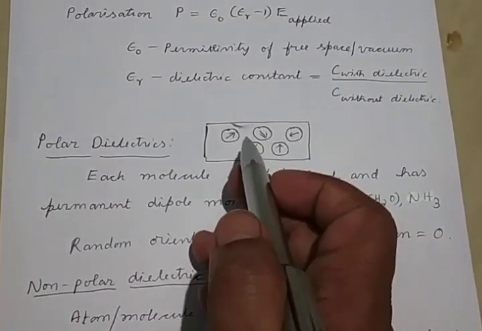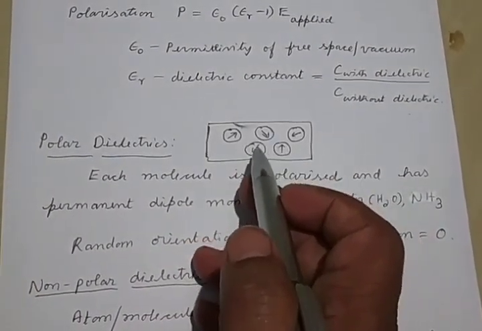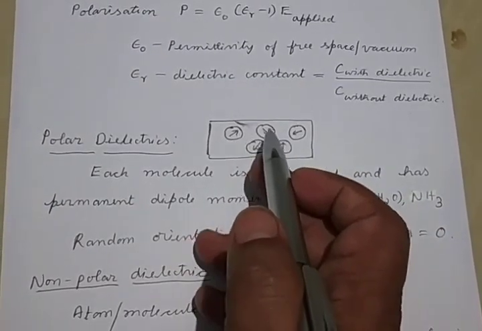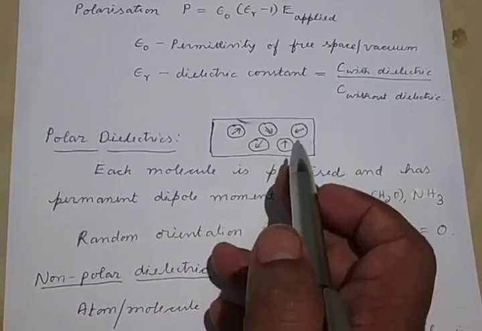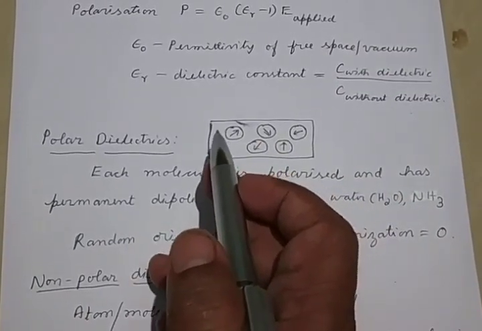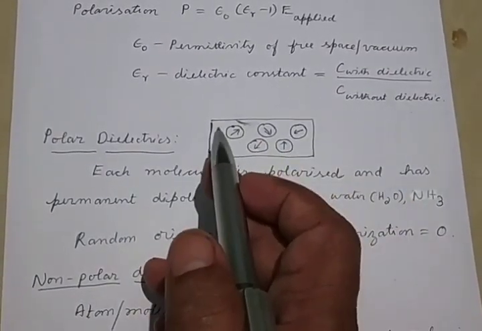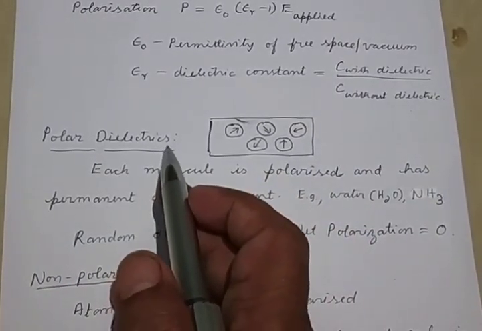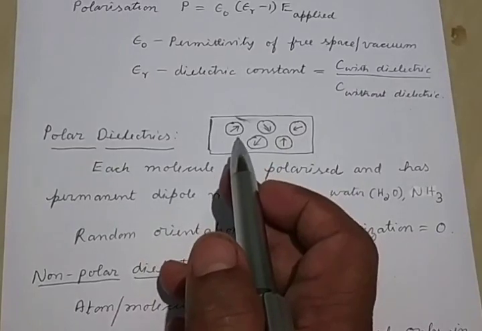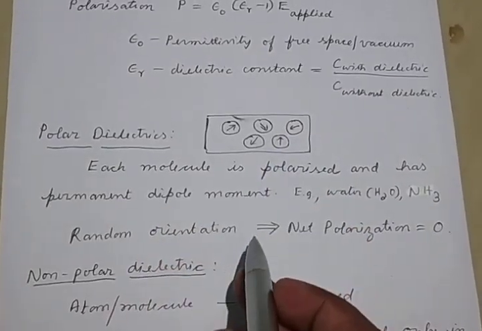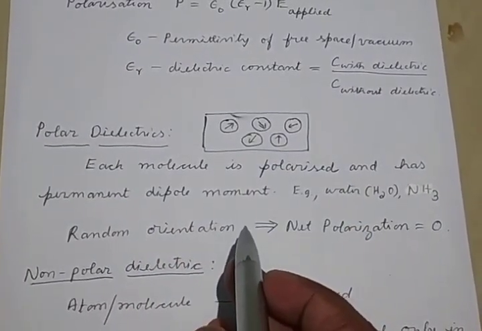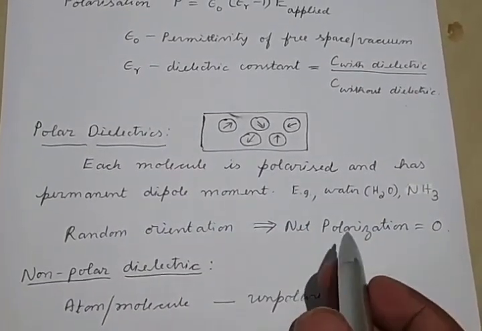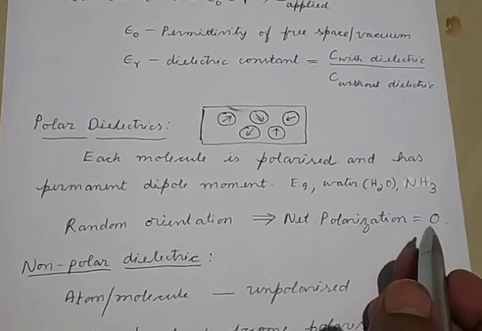Now the dipoles are formed in the material, but the orientation of the dipoles is random in nature, because of which the net polarization of the whole block of material becomes zero. So polar dielectrics can get a net polarization or net dipole moment only when an applied field is there. Otherwise, in the absence of the applied field, the net polarization becomes zero.